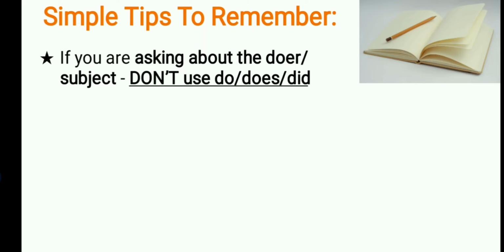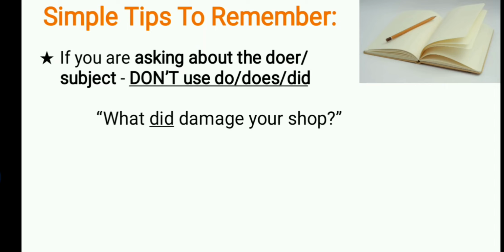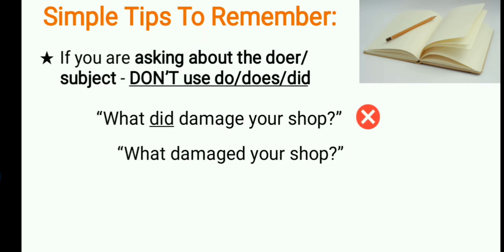For instance, say we have a question: what did damage your shop? This is definitely not a correct sentence because we have made use of did when asking a subject question. So this is an incorrect way of stating a question. The correct technique to state this would be what damaged your shop.